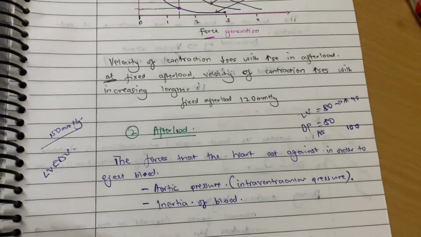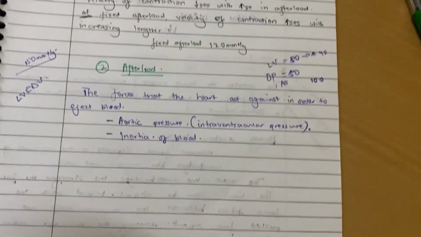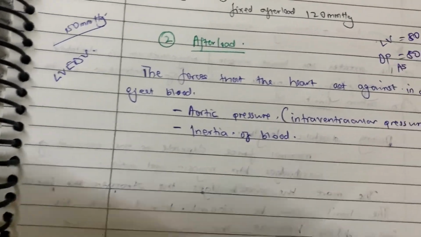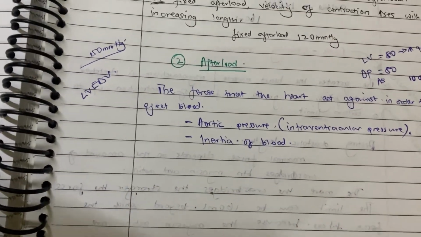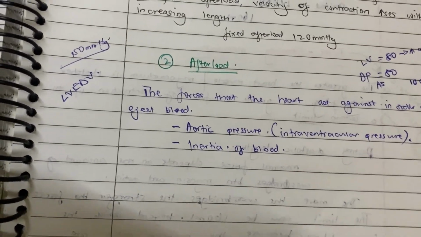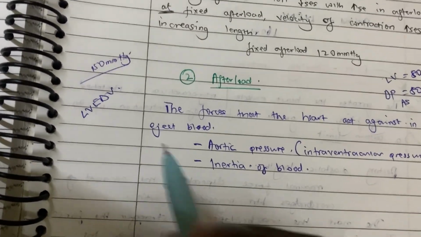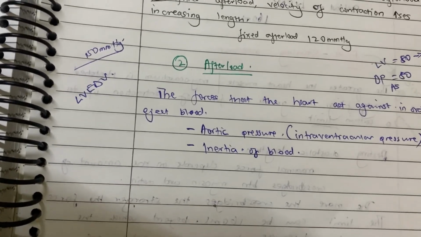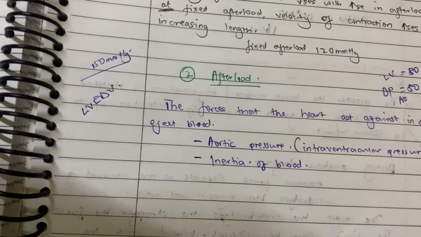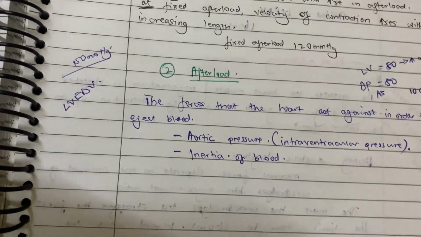And that's why in cases like LV apical aneurysm, or any aneurysm of the left ventricular wall, we can get clots, because the blood in the aneurysmal part doesn't participate in being ejected.